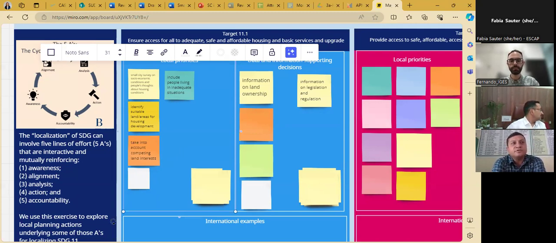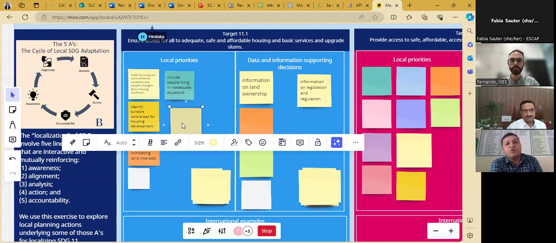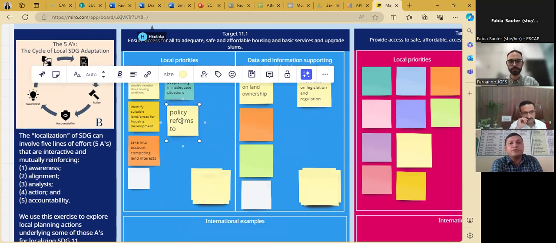In order to provide them with better facilities and housing, we need to make a little reform in the policy also. According to the present policy of Nepal, we are not allowed to provide them with proper land area. Along with that, they have a kind of attachment with their land where they live.